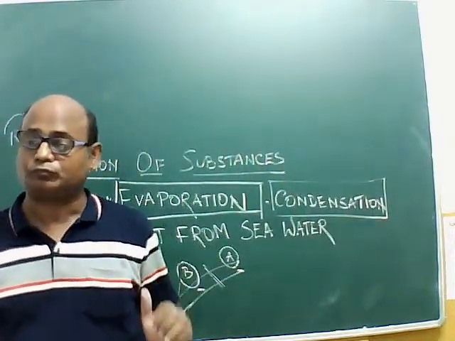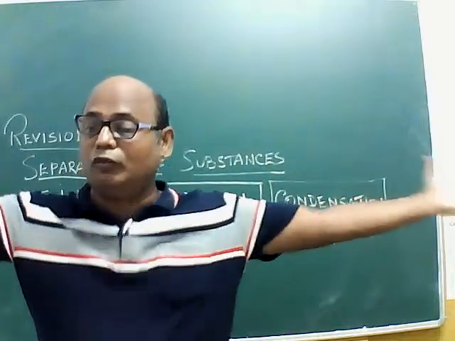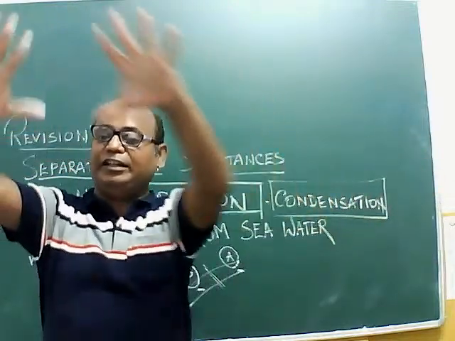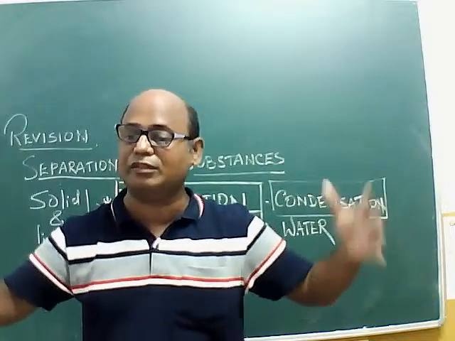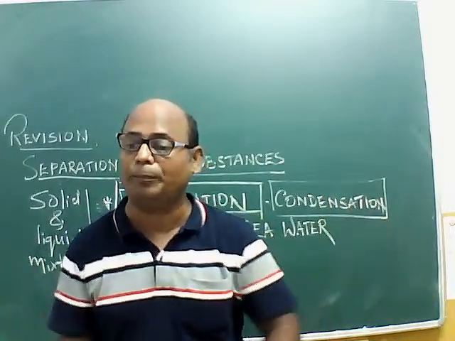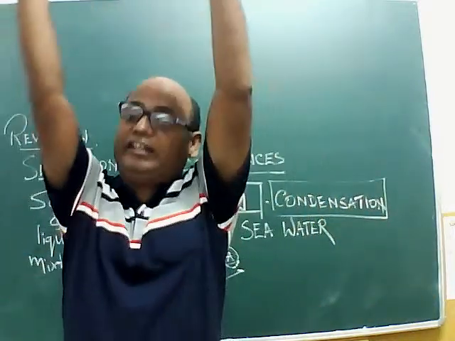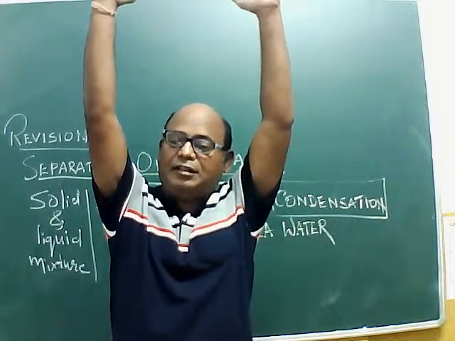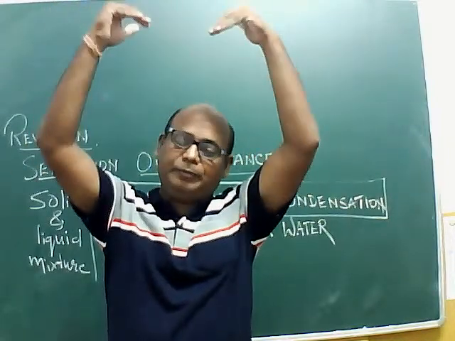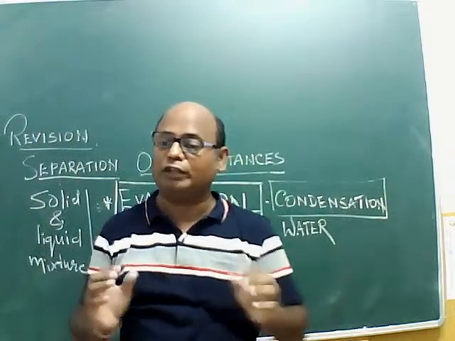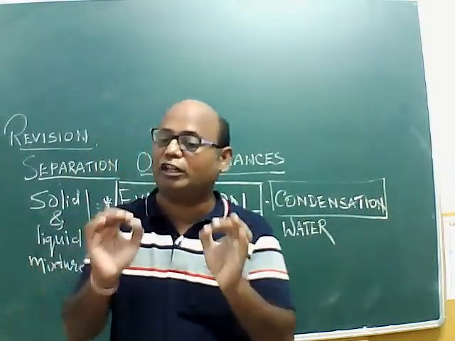Okay, so you might have learned about the water cycle. By the heat of the sun, water in seas, oceans, rivers gets heated, evaporated, and moves to higher altitudes. On higher heights you will find the temperature is low. So what will happen to this water vapor?